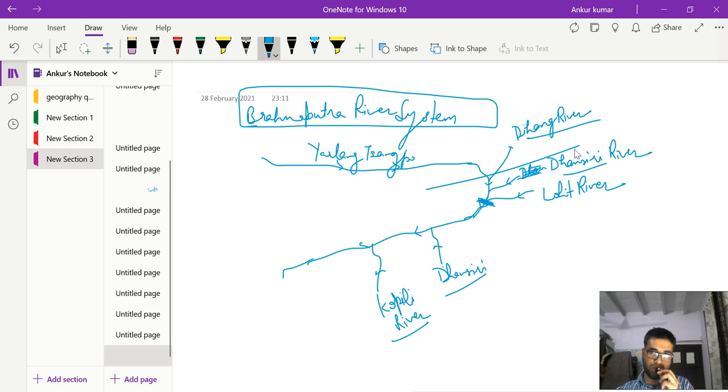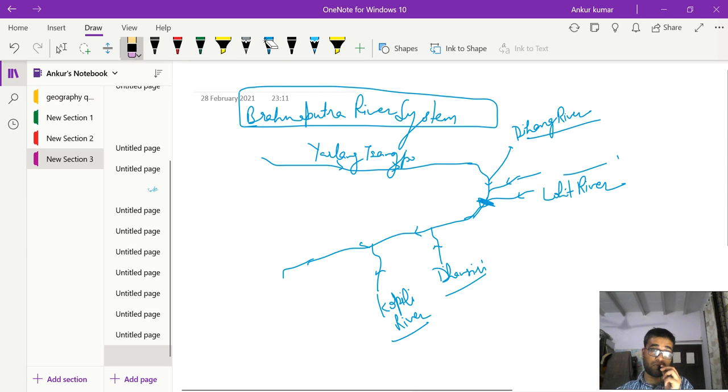Number 4, this is the Dibang River, not Dhansari River, sorry. Actually this is Dibang River, Dibang.